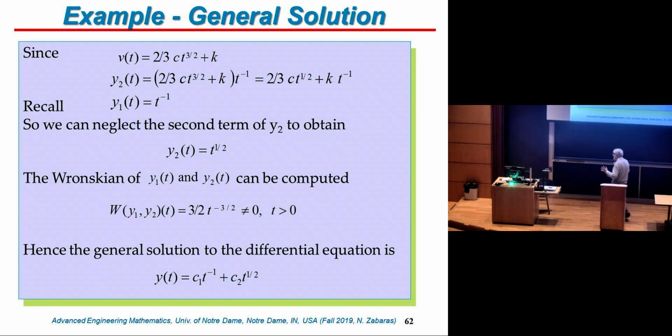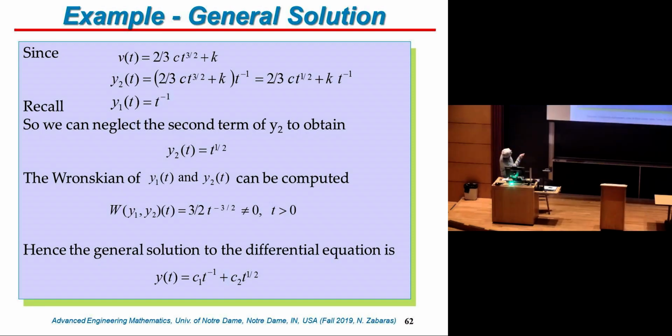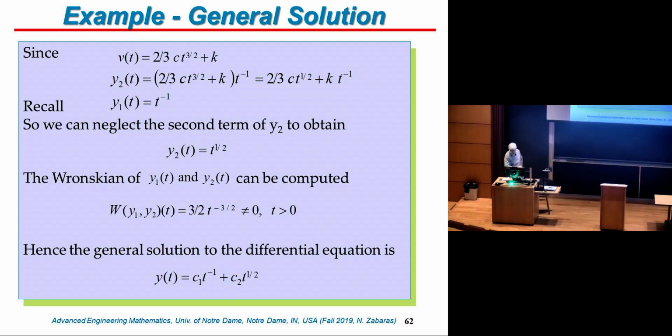So we have generalized this concept from the case of equal roots to a situation where we have time-dependent coefficients. I can still use the same methodology, and I can compute this v of t so that y2 is the second fundamental solution.